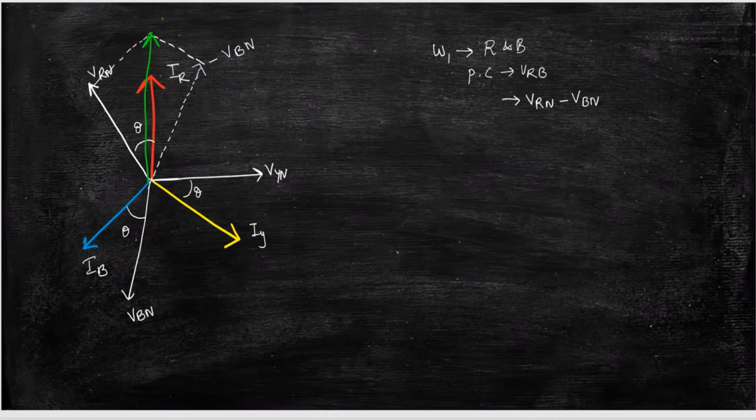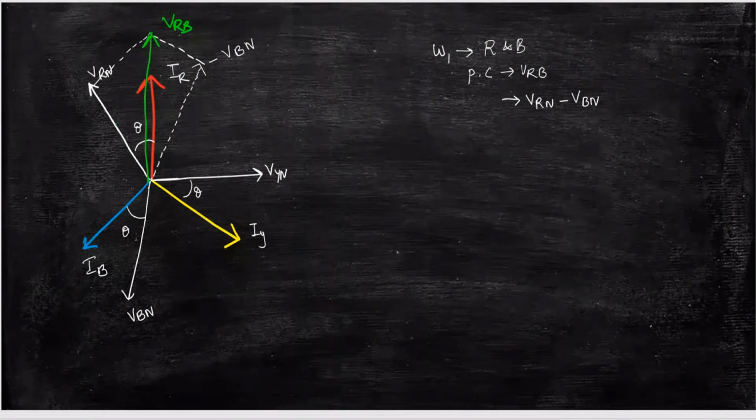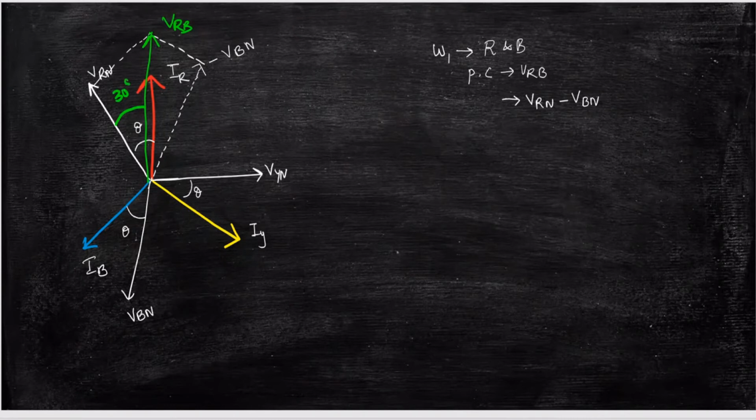So adding VRN and minus VBN, this is your VRB. The phase angle between VRB and the phase current is 30 degrees.